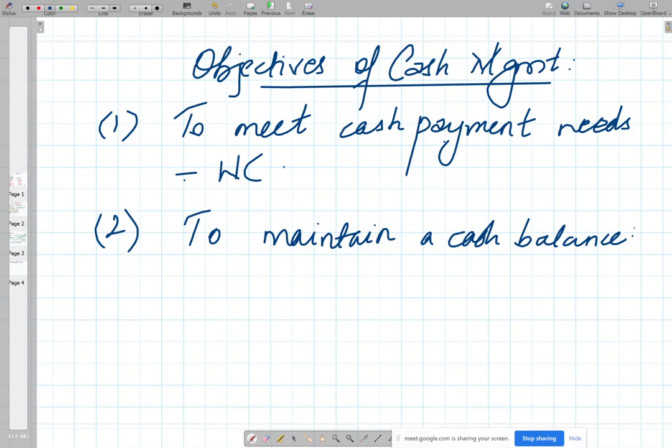At any point of time, you can never say that, okay, last month I spent 10,000 rupees cash on all of my expenses, so this month also I will need only 10,000. That's a very wrong assumption, and it cannot be made. It's a very risky assumption to make, right? So you need to have a sufficient cash balance over and above your regular requirement of the cash.